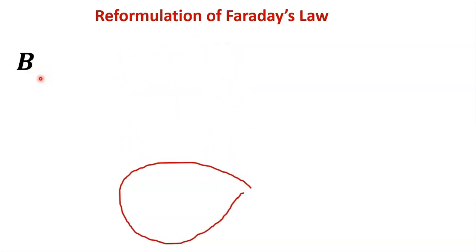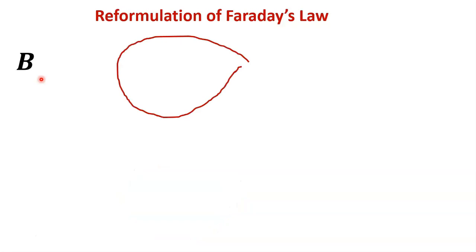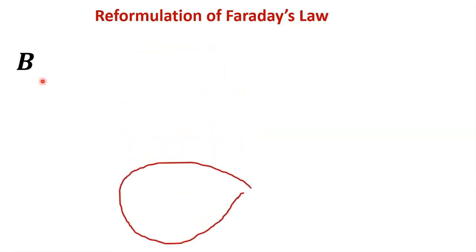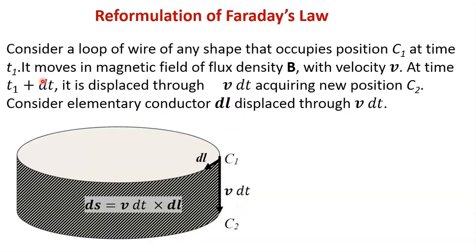Now this single loop coil is displaced in space, and we are charting the movement as appearing in the animation. Here this closed loop represented by dl bar is an infinitesimally small vector version of the coil, and the entire coil is spread over like this.